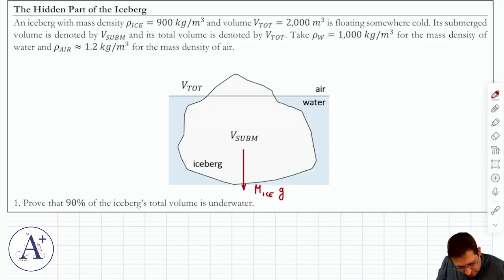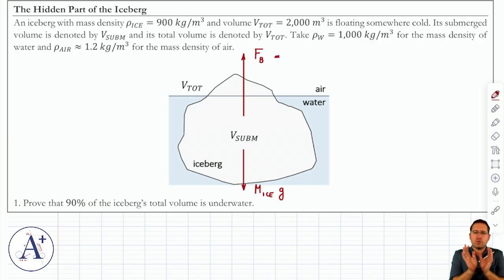And of course, we just learned about the buoyant force. There's got to be a buoyant force because there's a certain amount of this iceberg that is submerged underwater. So here we can say there's a buoyant force pointing up. Buoyant forces always point in the direction of low pressure, so pressure is higher here than here, so the buoyant force points straight up.